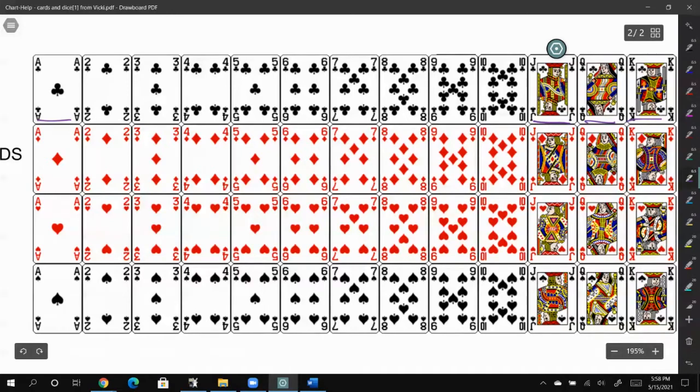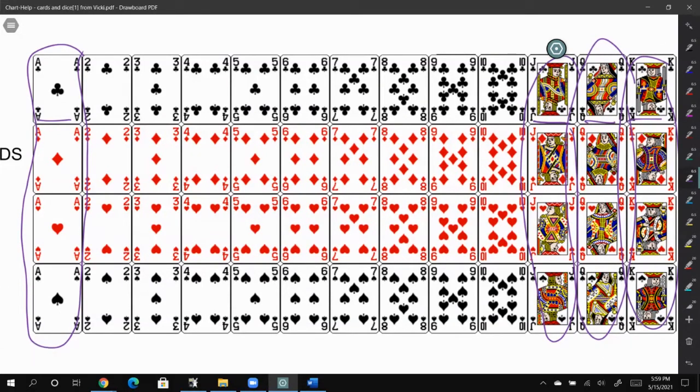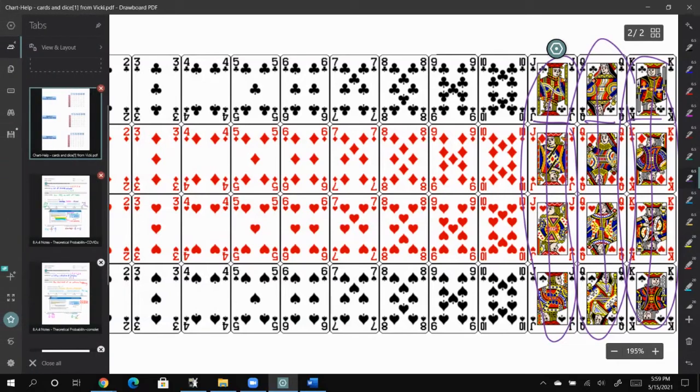So let's see how many we have. We have these 4, and these 4, and these 4, and then the 4 aces. So we have a total of 16 successes. I could pick any one of these aces over here, or any one of these jacks, queens, or kings, and that would be a success.